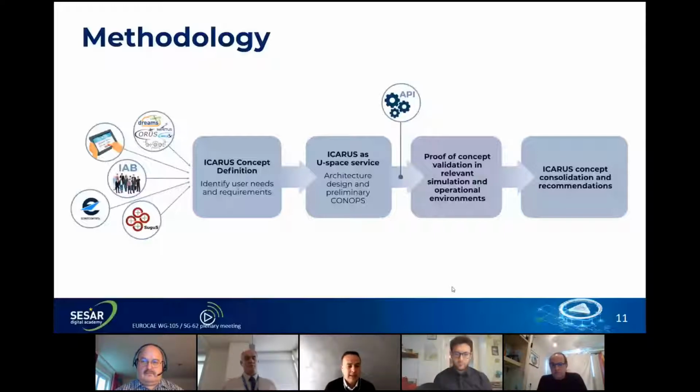Now in this phase, we are in the definition of architecture, and we started to implement the service. In the next months, we will finalize our application program interface that will be validated by the involvement of two airspace service providers, the Italian and the Polish airspace service providers, with different validation exercises in both simulated and real environments.